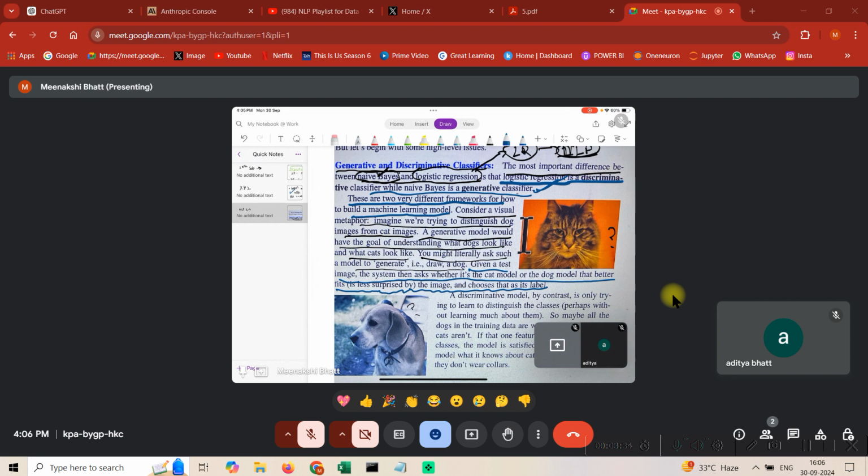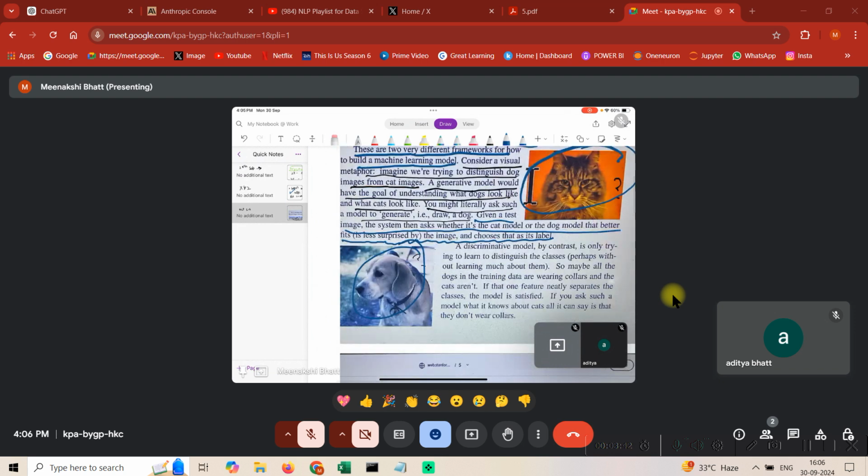Whenever you give it an image at test time and want to predict whether it is a dog or a cat, it would choose the one by which it is less surprised. A discriminant model by contrast is only trying to distinguish the classes, perhaps without learning about them.